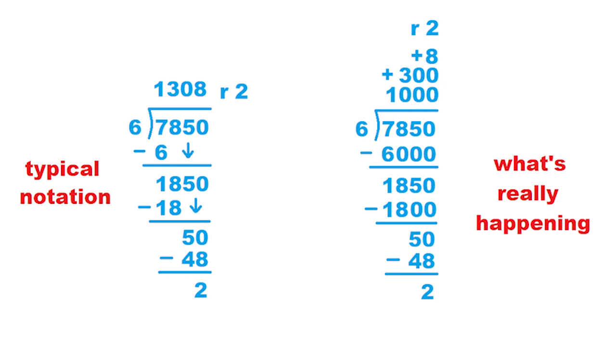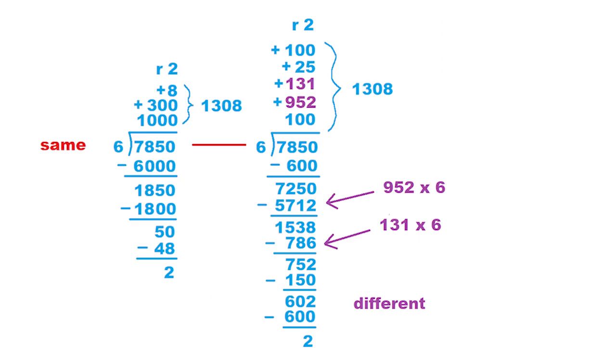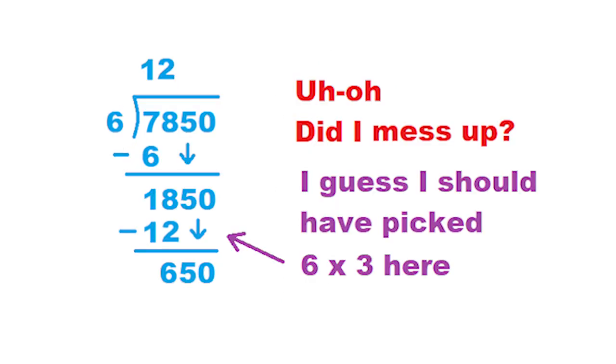Now in this slide I show how if I use the same dividend and the same divisor, I can still get the same quotient, choosing different numbers to multiply the divisor by each time I subtract. Crazy, isn't it? Especially if you're used to having to re-guess what to multiply the divisor by in a subtraction step because you initially picked the quote-unquote wrong number.